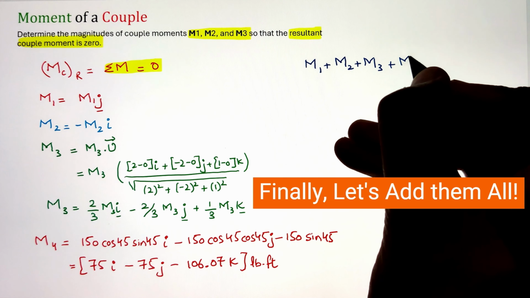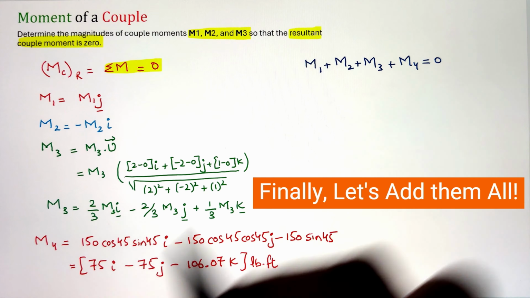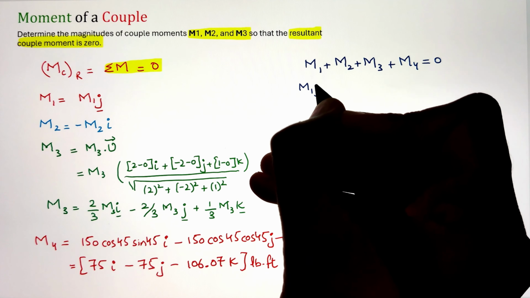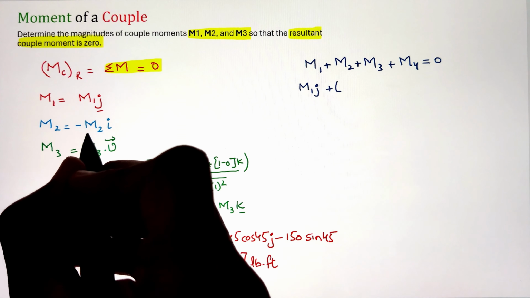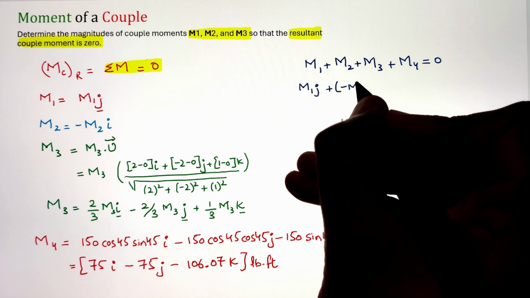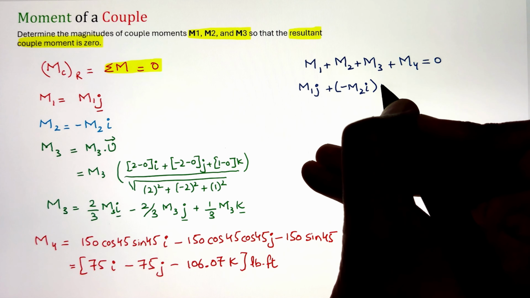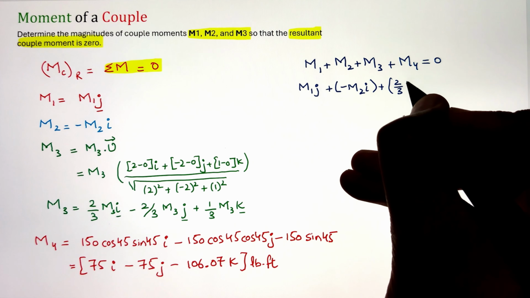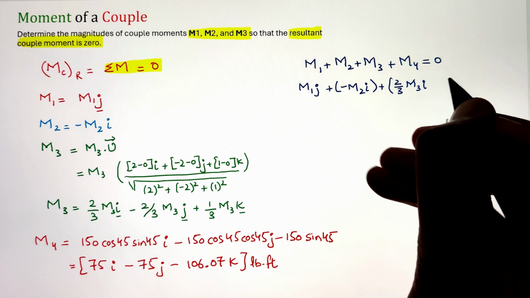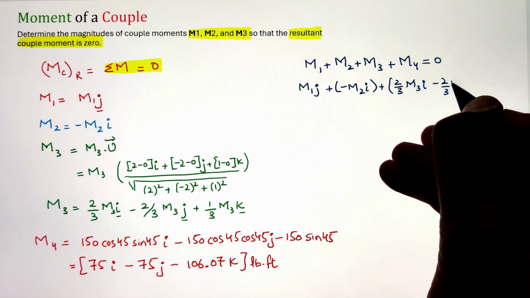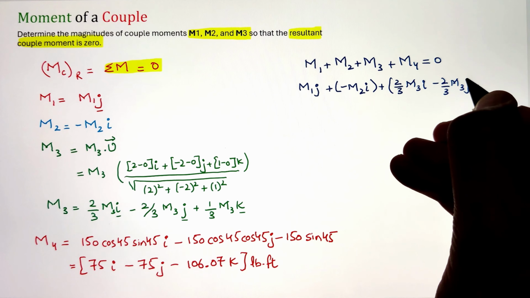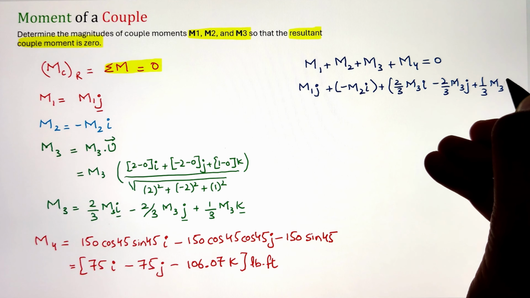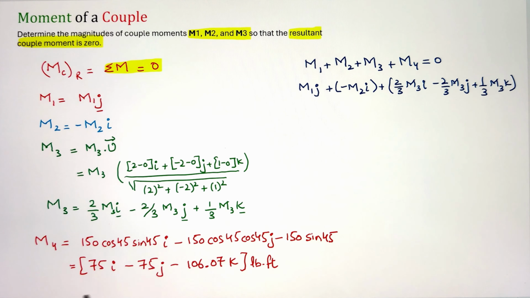To start, our M1 is just the j component, so I can write M1j plus negative M2i plus 2 over 3 M3i minus 2 over 3 M3j plus 1 over 3 M3k. And finally, I have M4, which we have the actual values of, that is 75i minus 75j minus 106k.